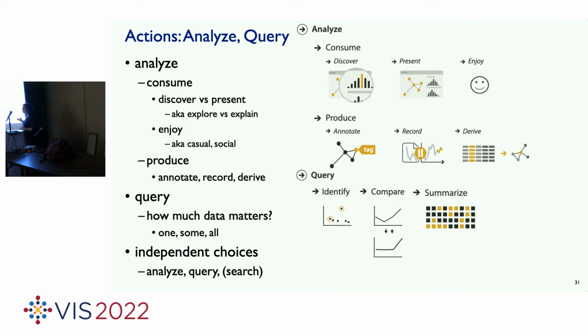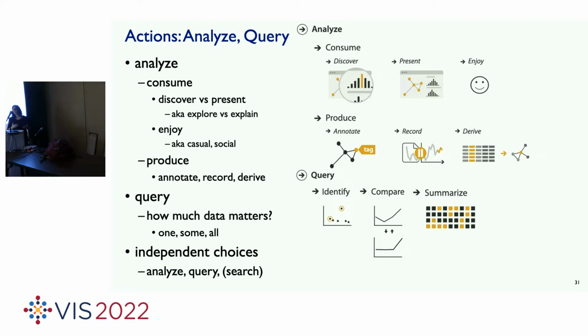Now, sometimes it's not quite so crisp and clean, and people aren't necessarily doing deep analysis, but they might be doing something more casual, like just looking at data in a newspaper article they happen to find intriguing or interesting. So we can think about some other cases, like just simply for pure enjoyment rather than because it's part of your day job. But I want to distinguish between consuming existing data and producing new data.